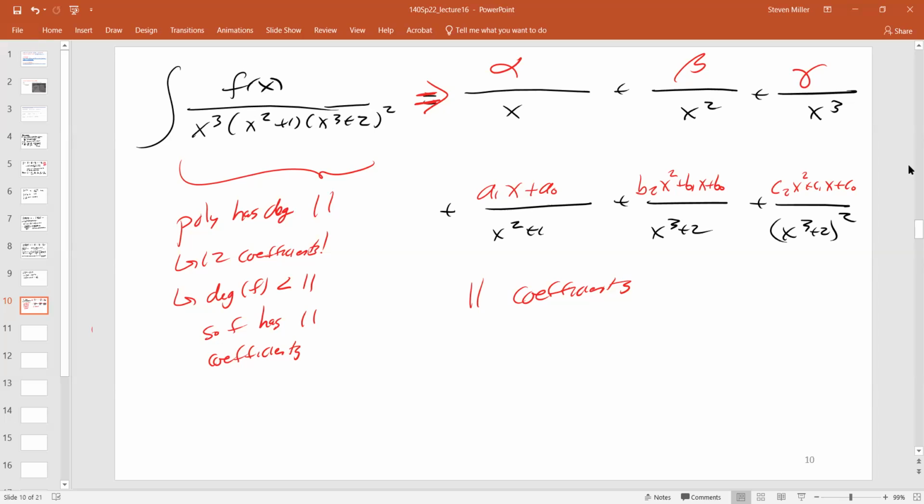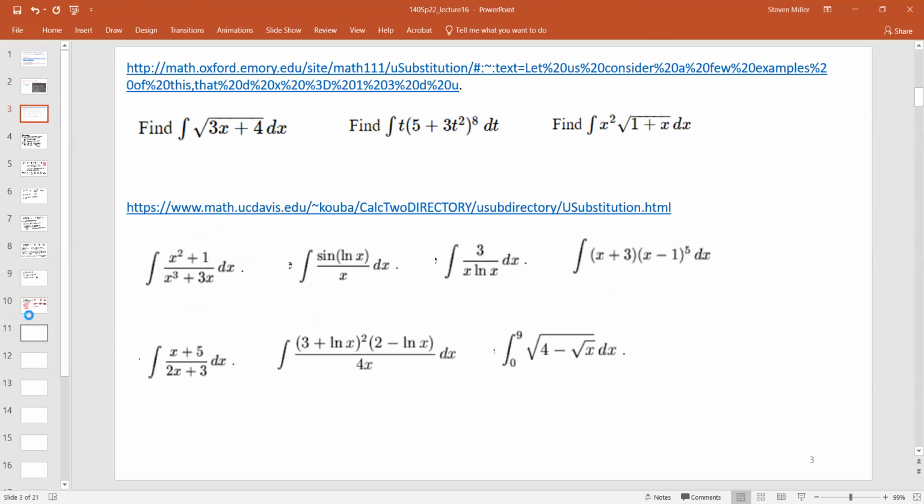All right. So what I'm going to do now is I'm going to go back to this slide and recopy it here. Okay. And so are there any integrals on this page that people want to do? Let's just practice u-sub. That's what the people say, u-sub.